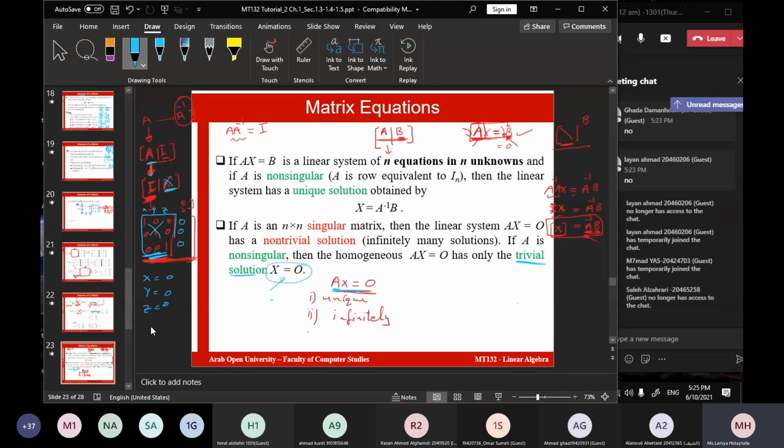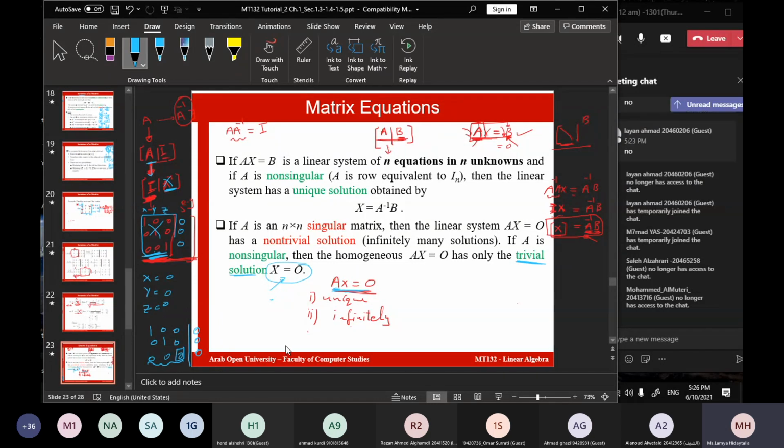For example it could be 1 0 0, 0 1 0, 0 0 0. Of course here I have 0 0 0. Is this an identity? No, it's not the identity, because if it were the identity this element should be 1. So how many solutions will I have? Infinitely many solutions. Which column has no leading one? This one. So I said let Z equal T and proceed with your solution. Clear?